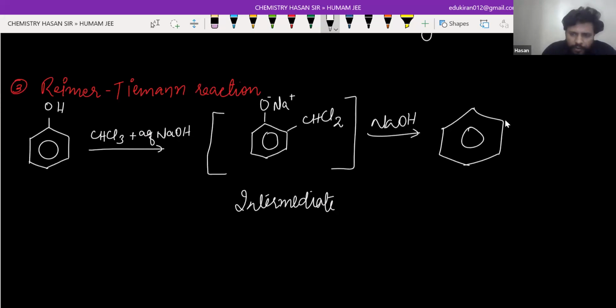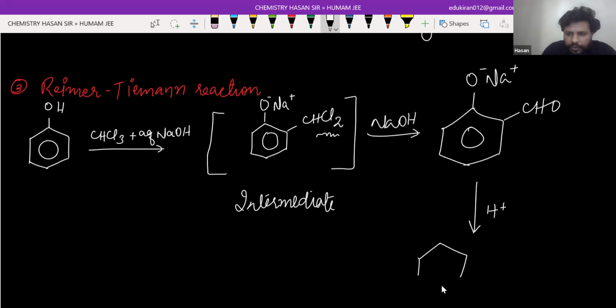So this will be oxidized into CHO, and O minus Na plus is there. After this, you are going to do acidic hydrolysis. H plus is there. So it becomes OH phenol here and CHO.